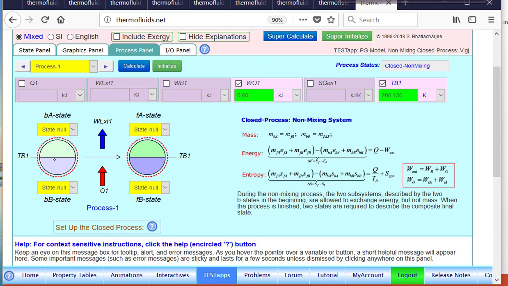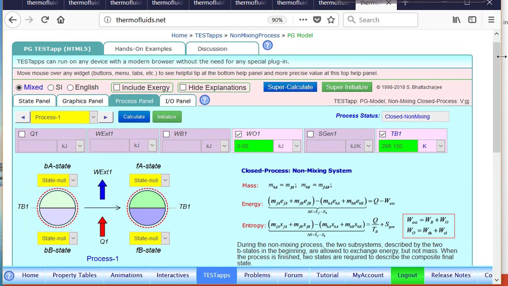There is a BA state and BB state, FA and FB state. So you will play with 4 different states here. Again, the mass, energy, and entropy equations are a bit more complicated because you have to keep track of the subsystems. But once you go through an example, overall it is just like solving a closed process problem, except you keep track of 2 subsystems.